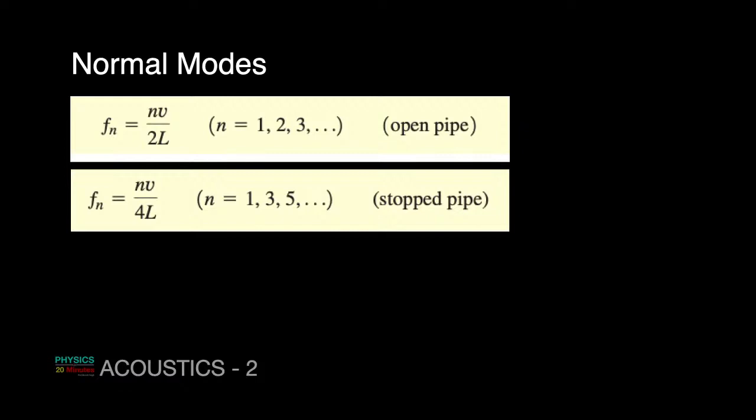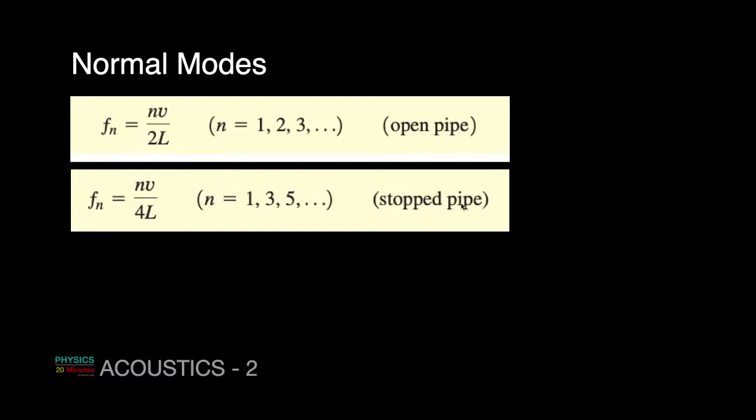So the two types of equations that you have encountered are these two, open pipe and stopped pipe. Remember, when I say open pipe, it is a pipe which is open at both the ends. If you have any pen and paper, please note it down. Stopped pipe, what does it mean?